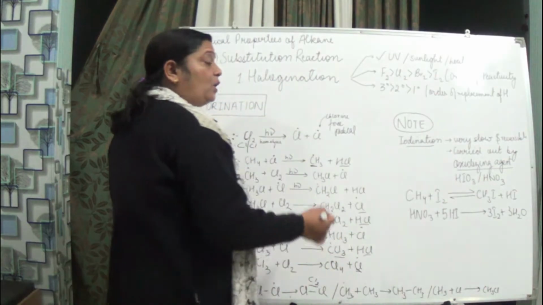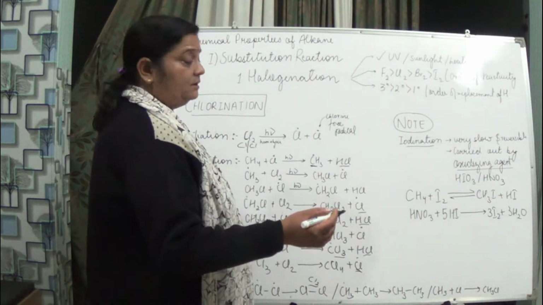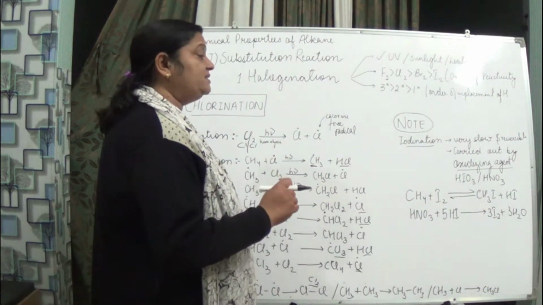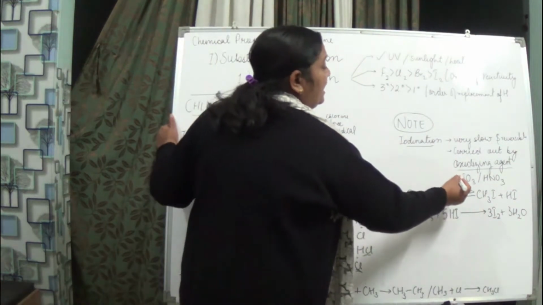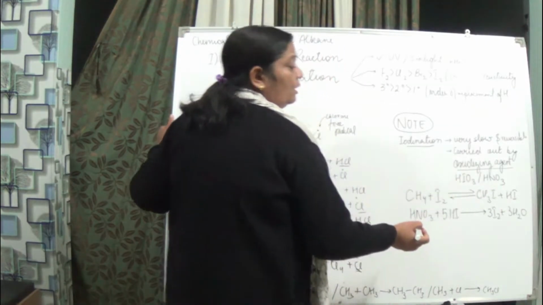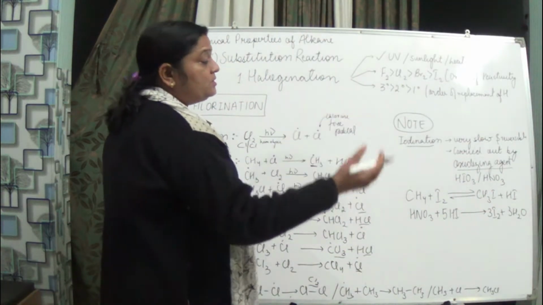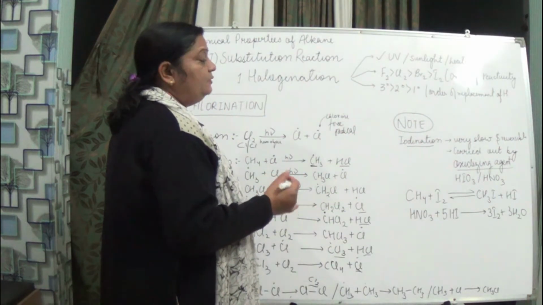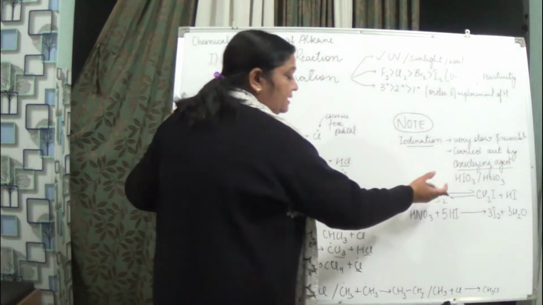So in order to carry out the reaction fast, we carry it out using some oxidizing agents, like you can see here HIO3 or HNO3. If we use these two agents, naturally the reaction will go fast, and you will see that yes, the reaction is taking over.